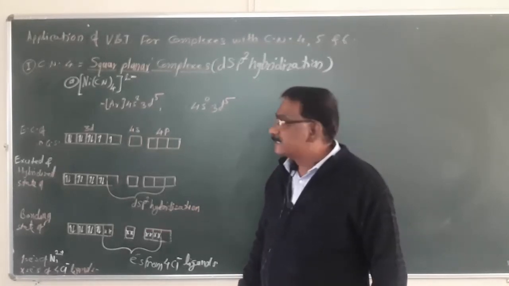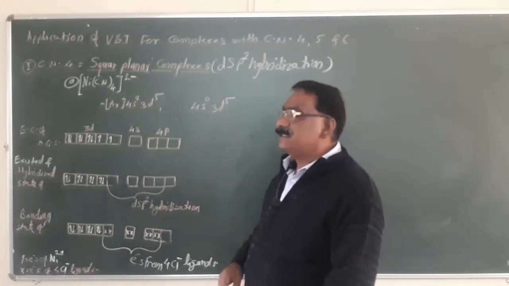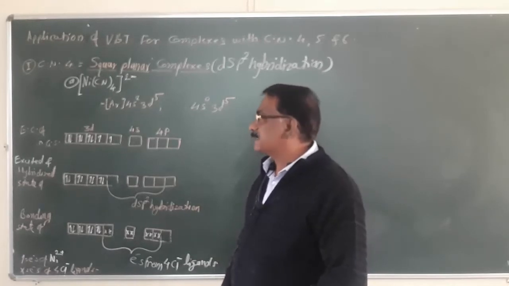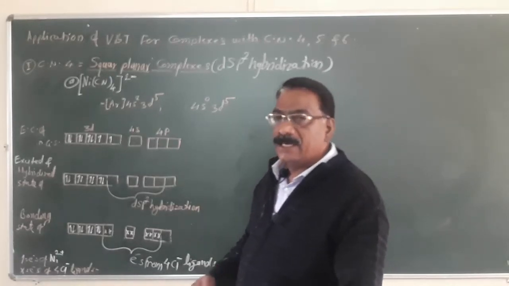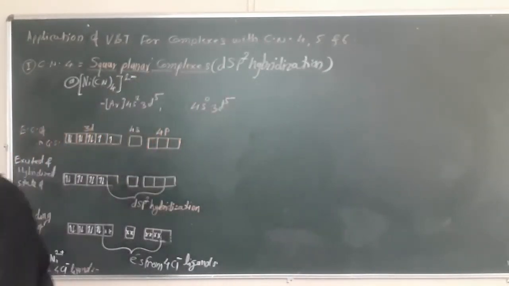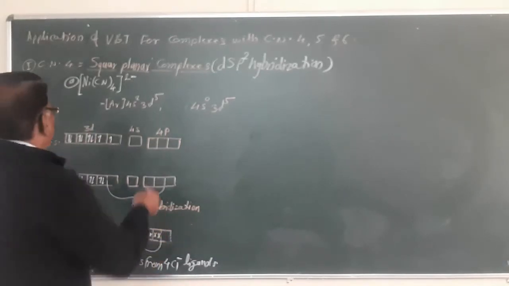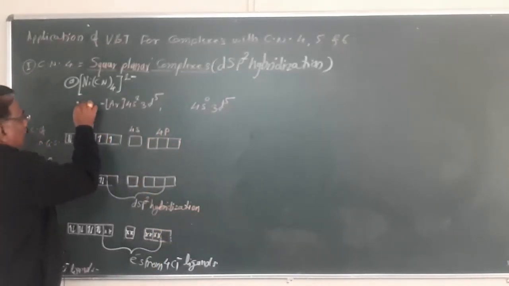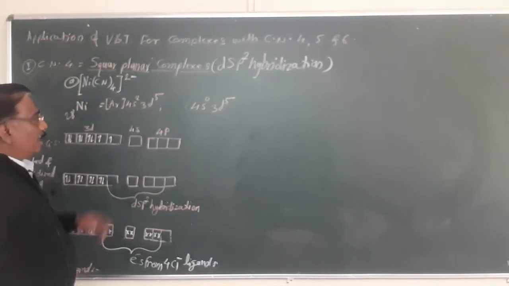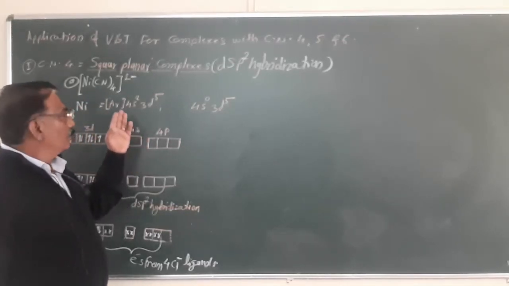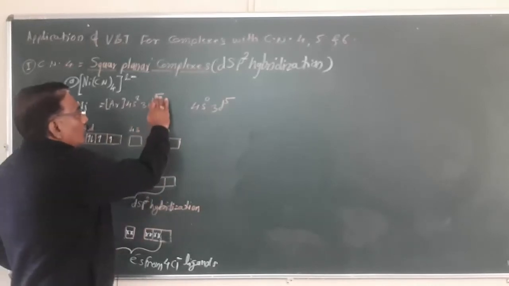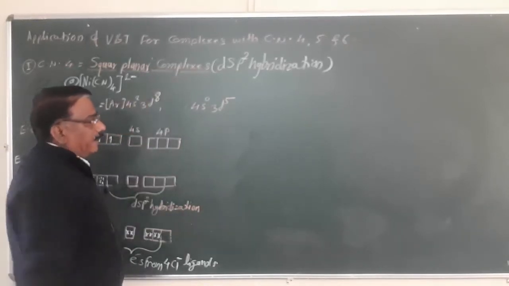See the first example, Ni(CN)4 2-. This Ni has atomic number 28, and its electron configuration is the argon core completed, 4s2 and 3d8.